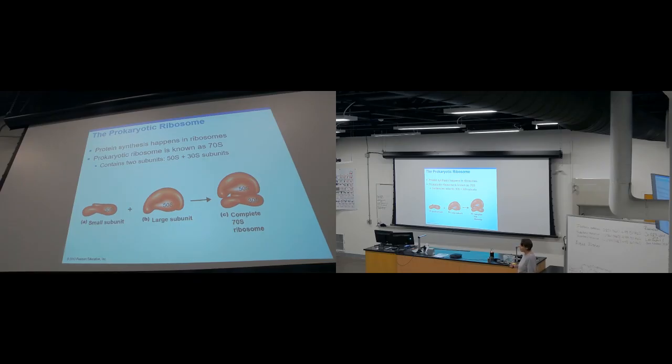Ribosomes are the protein factories of the cells. And then in the case of prokaryotes, they have a ribosome that is called 70S. And it has two subunits, or two small parts. So it has one that is the large subunit that is called 50S, and then it has a small subunit that is called the 30S.